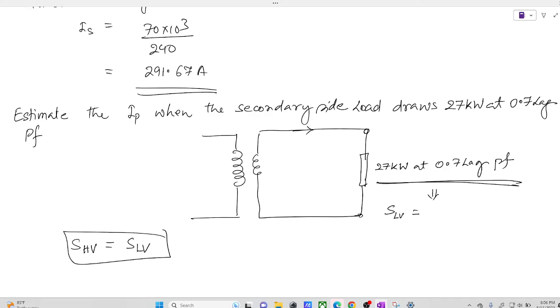SLV will be 27 into 10 power 3 divided by the power factor 0.7. That will be 38.57 kVA. Okay.